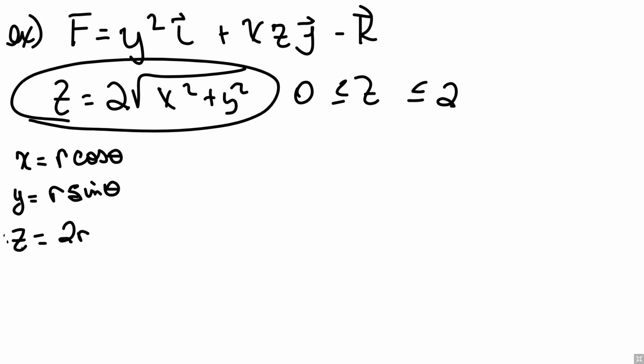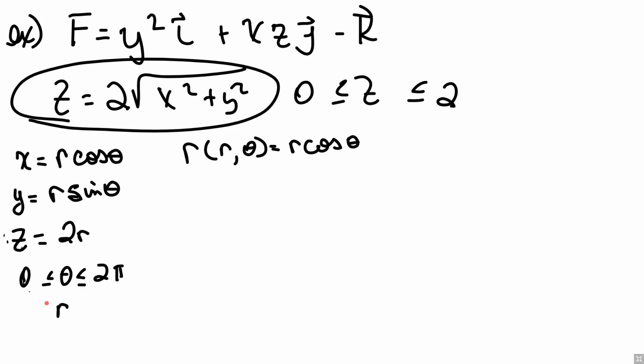So our parametric equation r of r, theta will be r cosine theta. Theta will be bounded between 0 and 2 pi. Now r is going to be bounded between what and what?